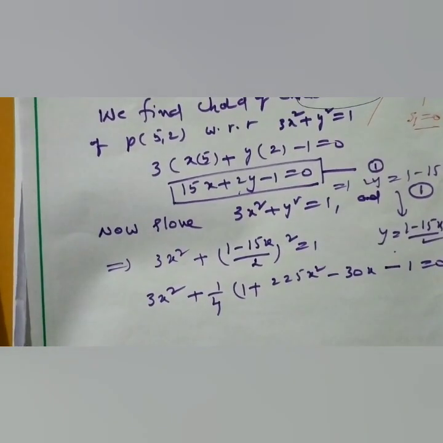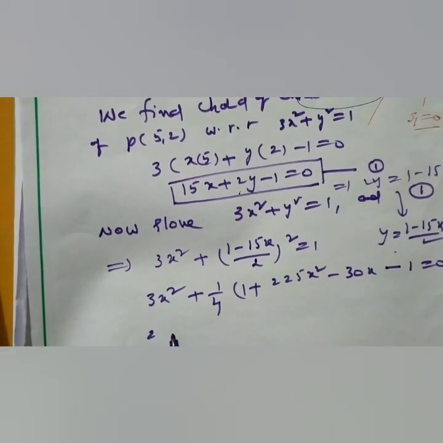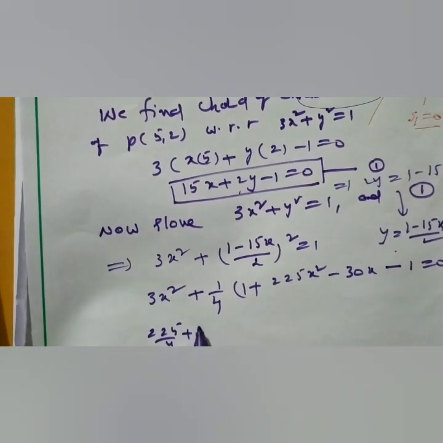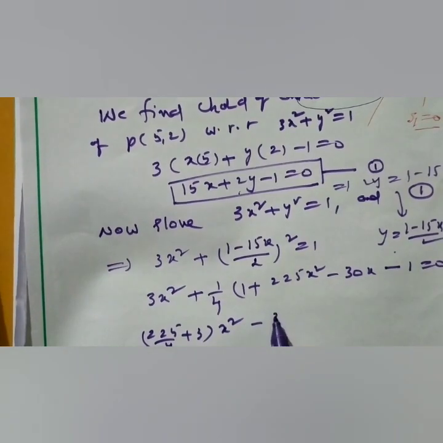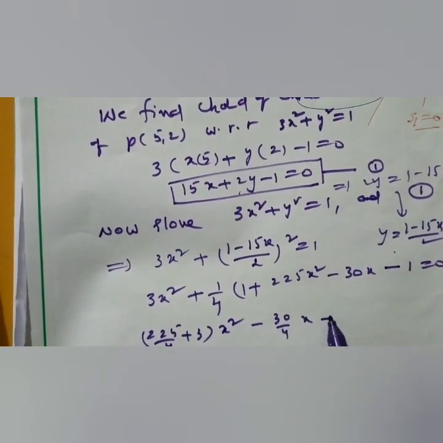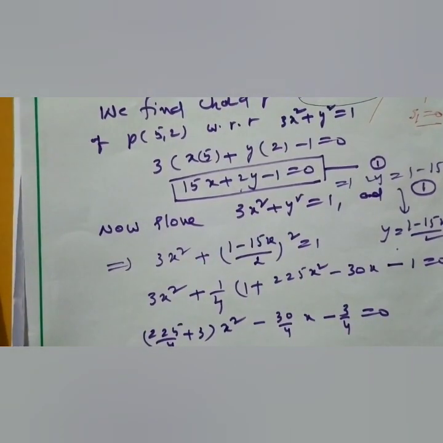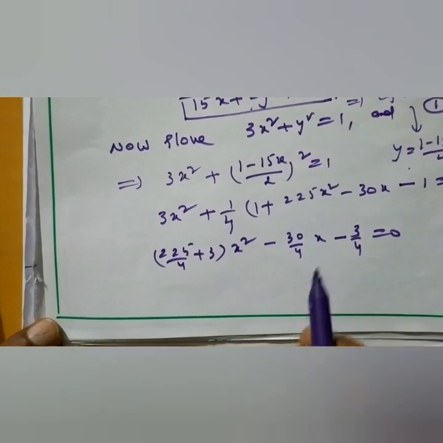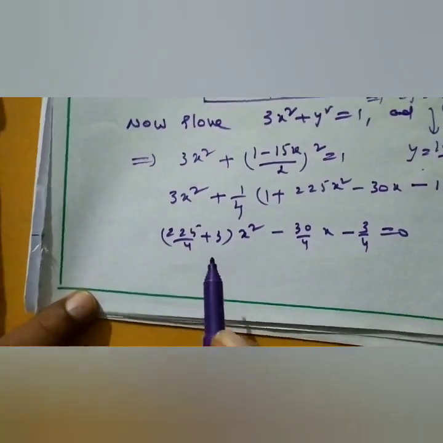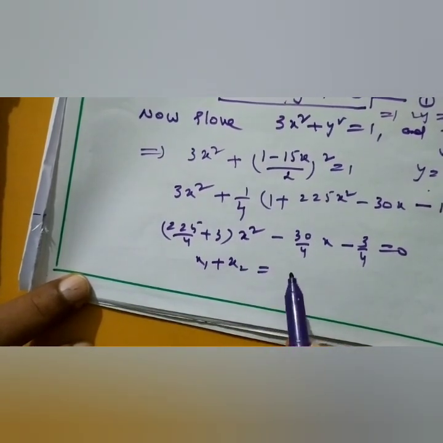So by solving this equation, (225 by 4 plus 3) times x square minus (30 by 4) times x plus (1 by 4 minus 1), which is minus 3 by 4, is equal to 0. This is the quadratic equation in terms of x. There we find x1 plus x2. x1 plus x2 is equal to minus b by a, the sum of the roots.